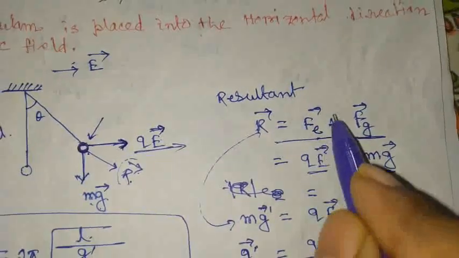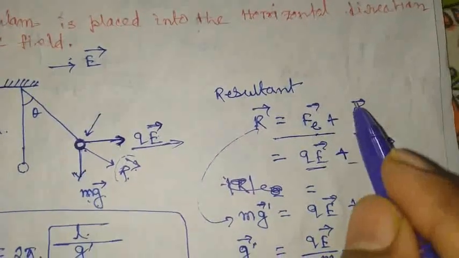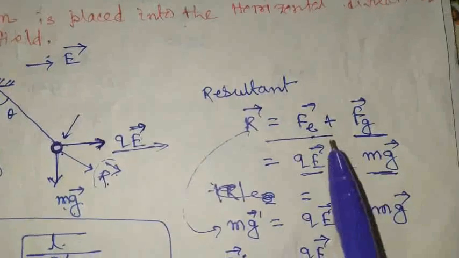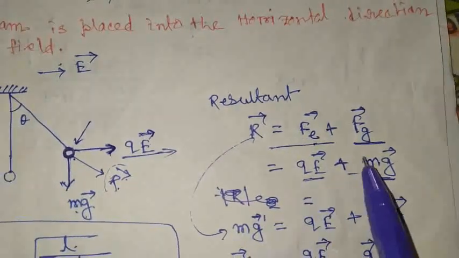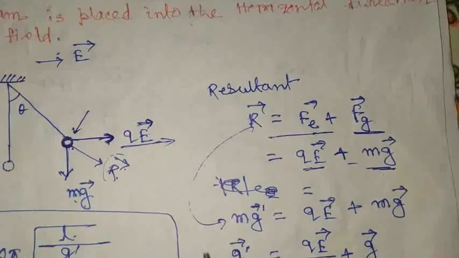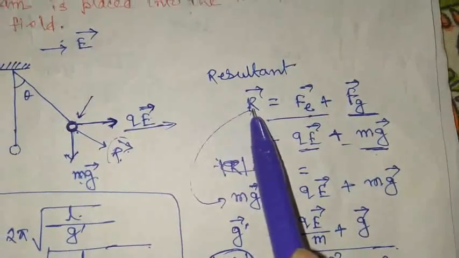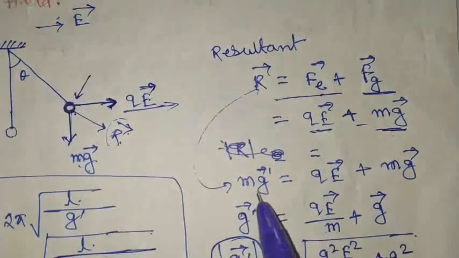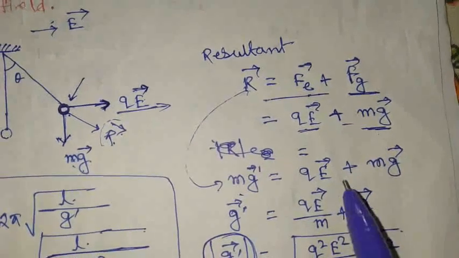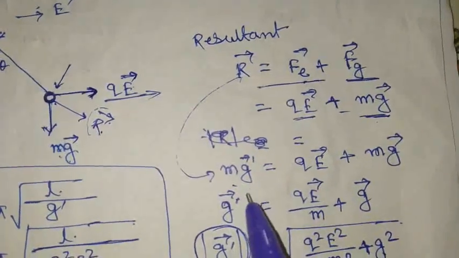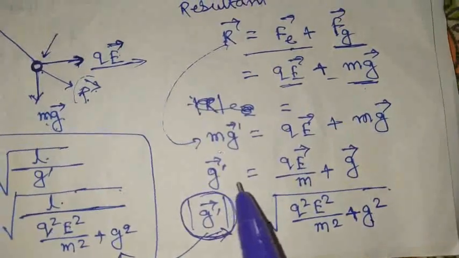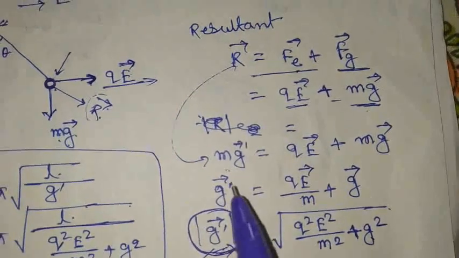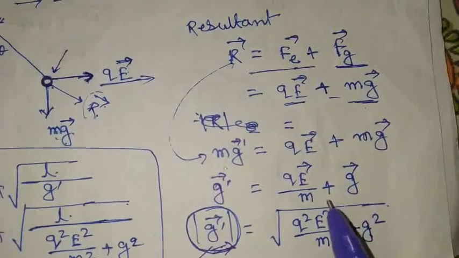Fe is the Coulomb force, and Fg is the gravity force, and we know the Coulomb force is QE and the gravity force is mg. Then the resultant force can be written as mg prime, made up of QE and mg, and if we divide both sides by m, then we get g prime as this.